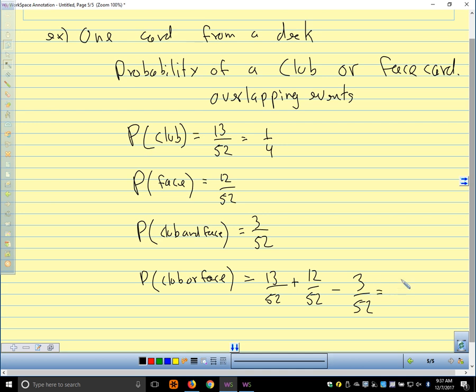And we get 22 over 52. 13 plus 12 minus 3 is 22. And we can reduce that. So that would be 11 26ths. So we have an overlapping probability. We have to subtract out the overlap. We're good with that example.